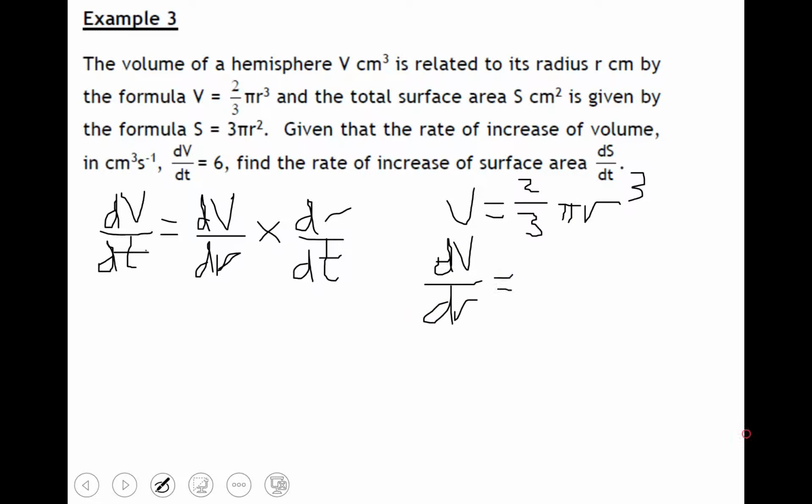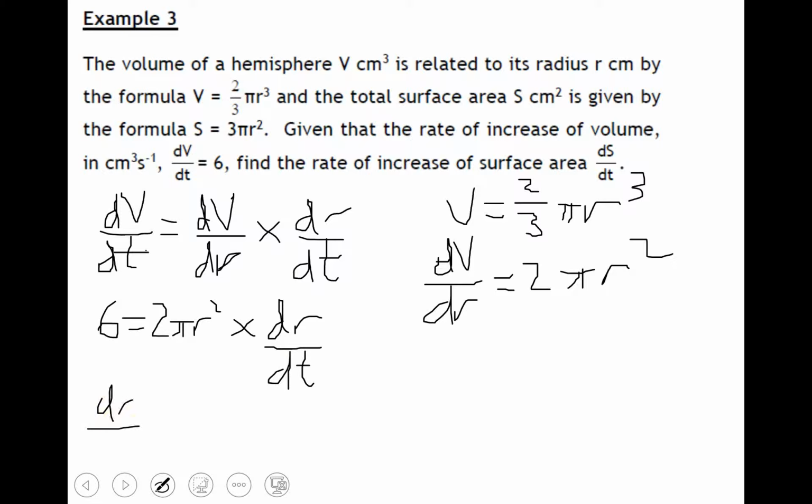So dV by dr is equal to 2 pi r squared. So sticking what we do know into the formula, we get 6 equals 2 pi r squared times dr by dt.